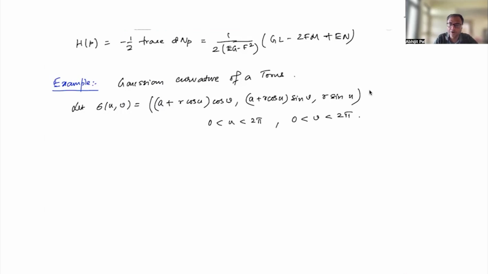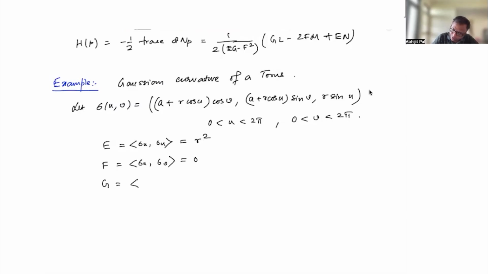Okay, so in order to find the Gaussian curvature, we should find the coefficients E, F, G, L, M, N. So E is equal to the inner product of sigma_u with sigma_u. I'm not doing all the computation, so this inner product will turn out to be equal to r square. F is the inner product of sigma_u with sigma_v, so this will turn out to be equal to 0.